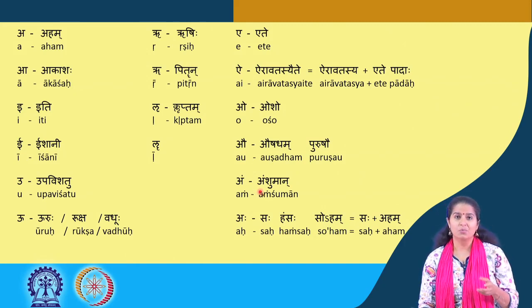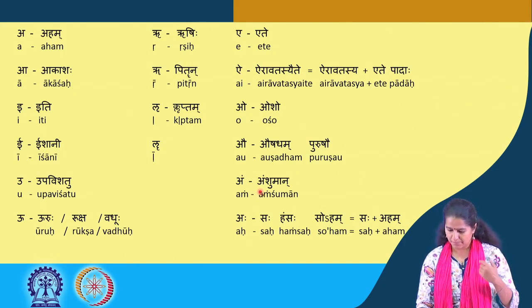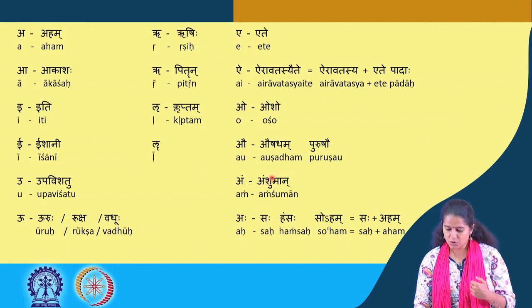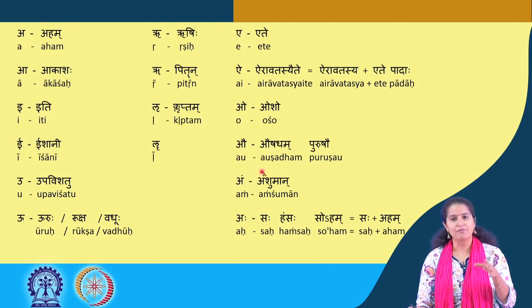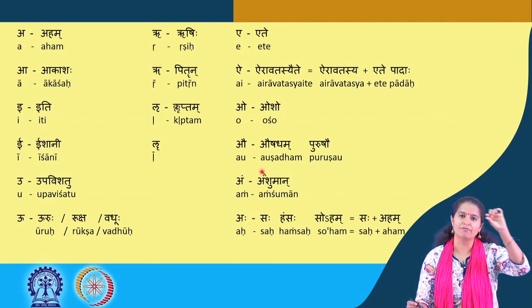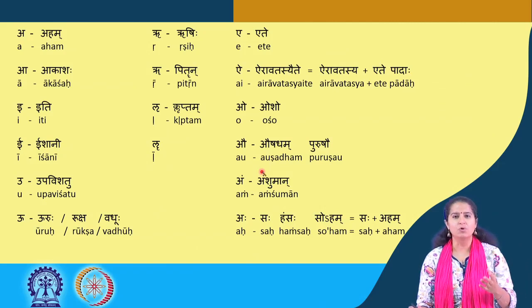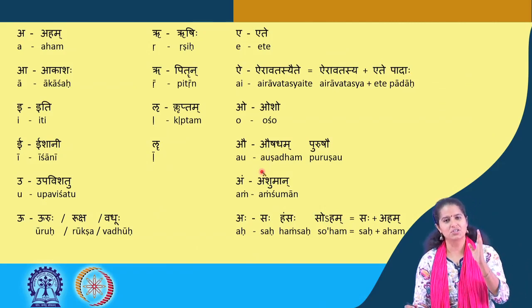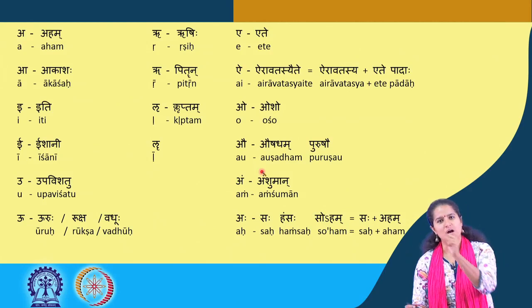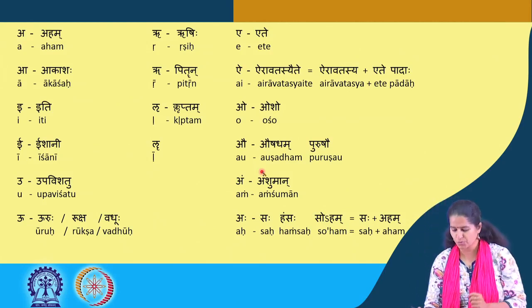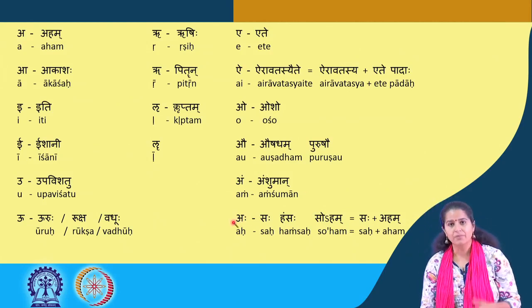What I would tend to follow in my pronunciation is to look at the letter. The sh is a palatal sound, and therefore the Anuswara would take on the nasal sound of that group of palatals. So I would do Anshuman, cha, cha, ja, ja, nya, sh. So, Anshuman is what I would tend to do. And then you have aha for the visarga.